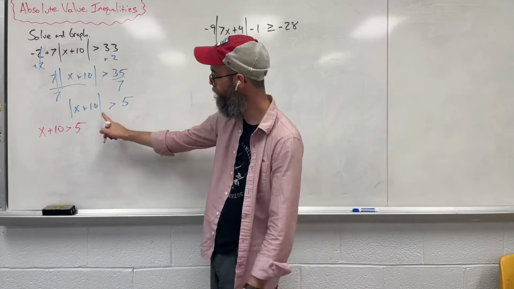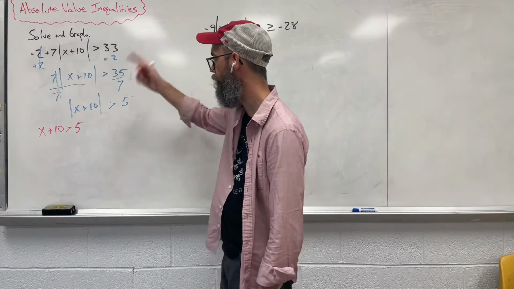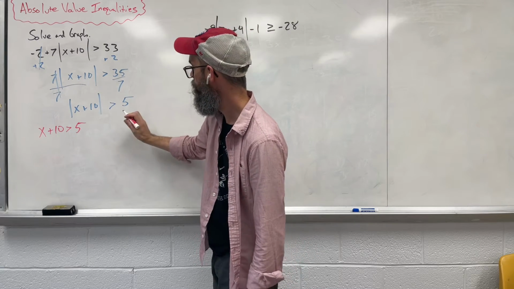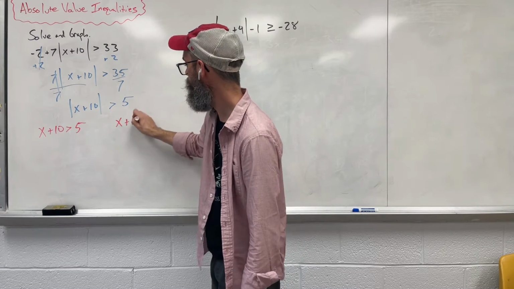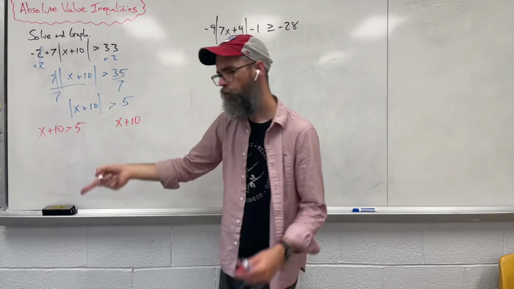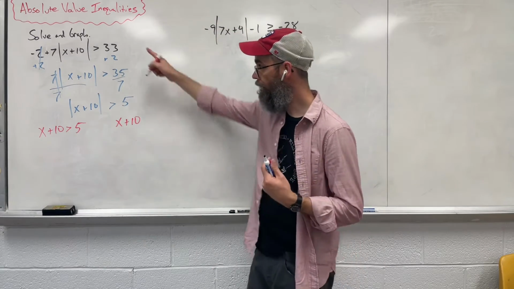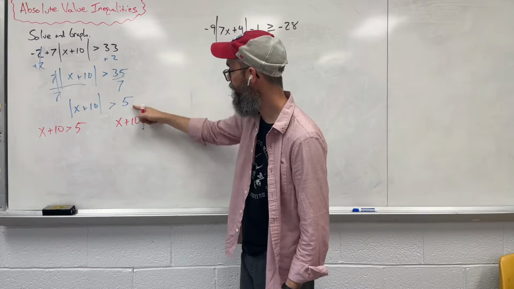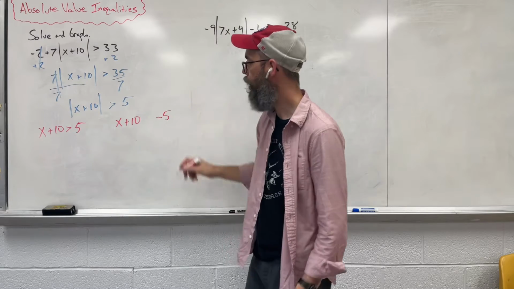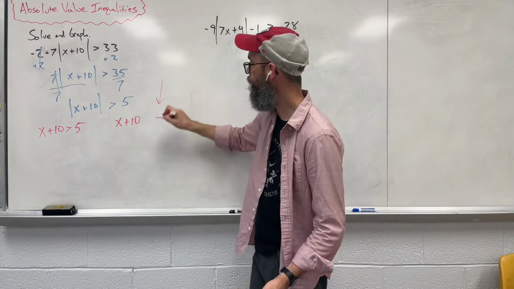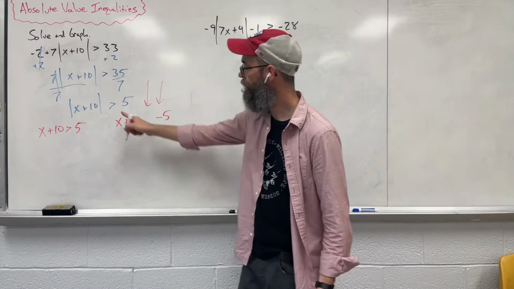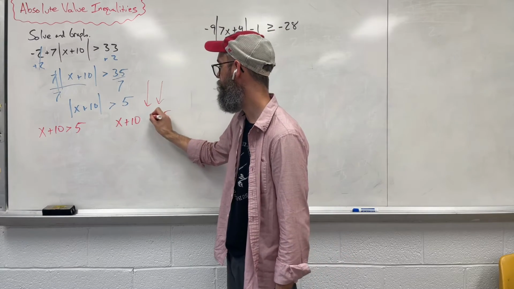Nothing changed except I took out the absolute value bars. Now I'm going to rewrite it, x plus 10. If you remember with absolute value equations, we change that 5 to a -5. But also, now we have to change the inequality. That's got to flip for us.